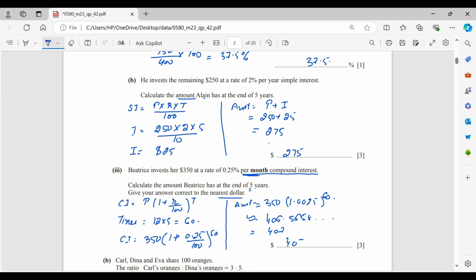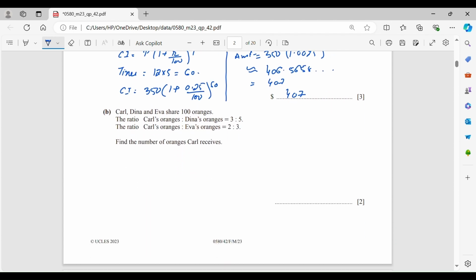Right? Next, B part. Carl, Dina and Eva share 100 oranges. The ratio of Carl's oranges to Dina's oranges is 3:5 and the ratio of Carl's oranges to Eva's oranges is 2:3. Find the number of oranges that Carl received.